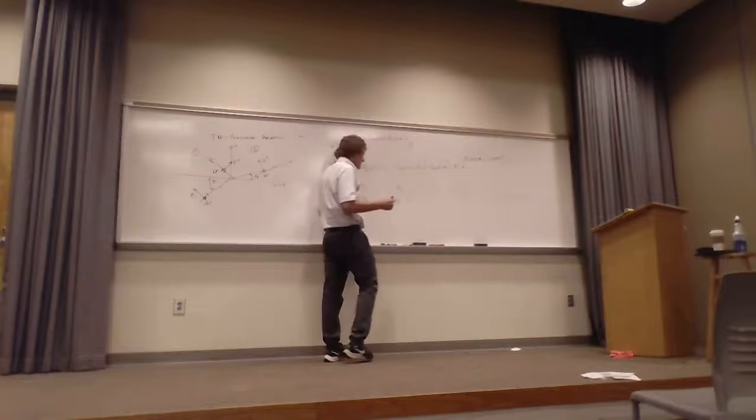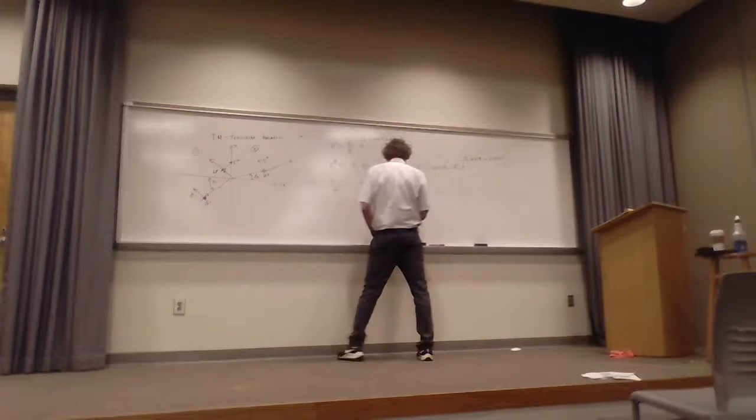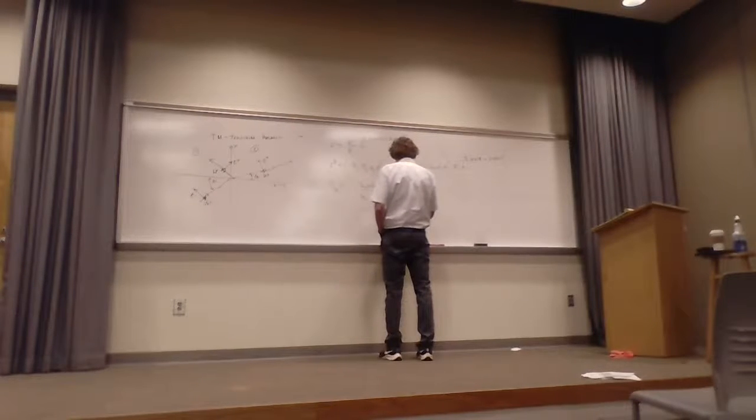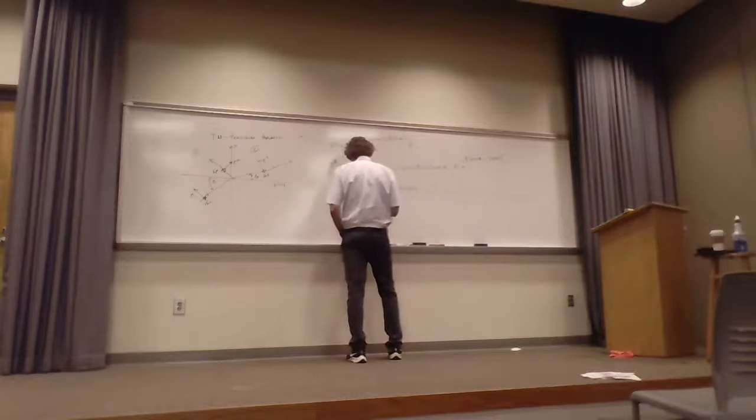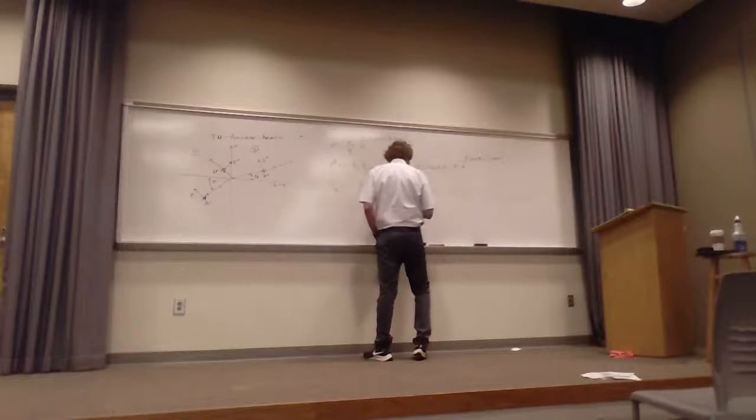Take a look in your book. Here it's going to be cosine of theta transmitted. Take a look. Minus eta 1, and it's going to be cosine of theta incident, or theta 1. And here it's going to be eta 2 cosine of theta transmitted plus eta 1 cosine of theta incident.